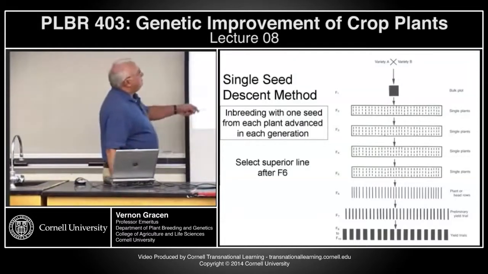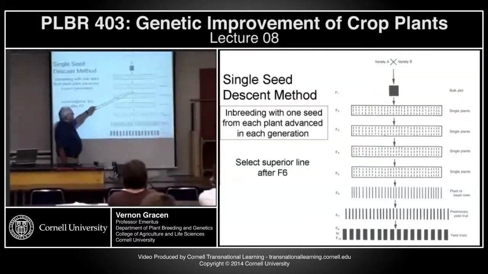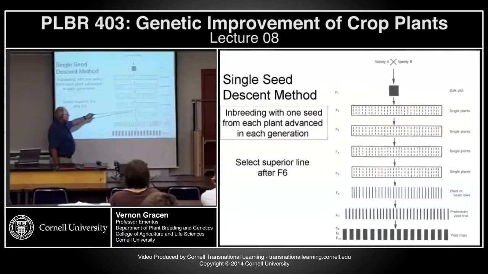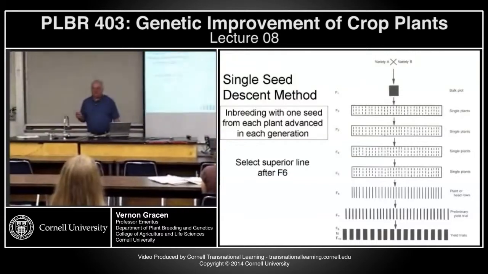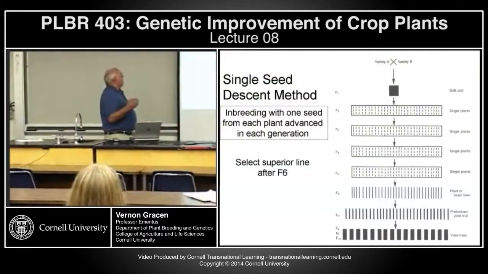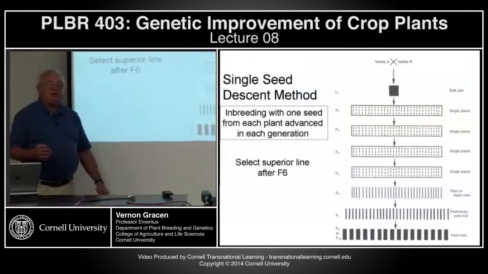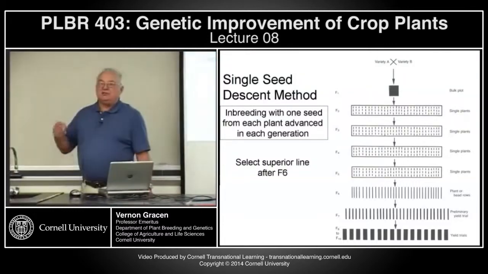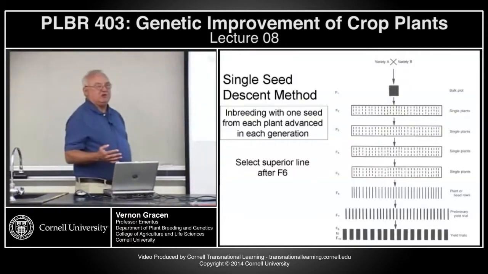So basically, take the F1, you go into the F2, and you just take single seed from single plants, all the way down till you get to the F6. Walt Fehr, with his soybeans at Iowa State, takes the F2, takes it into a greenhouse, and he does F2, F3, F4, and sometimes F5 generation in the greenhouse.